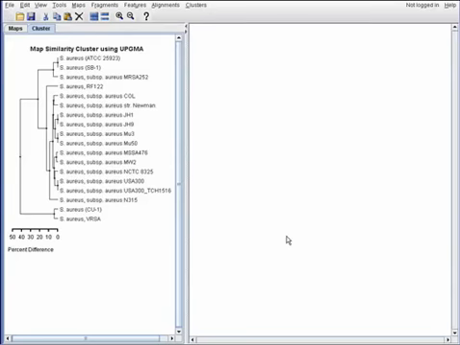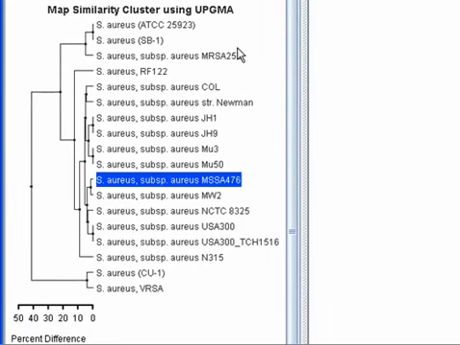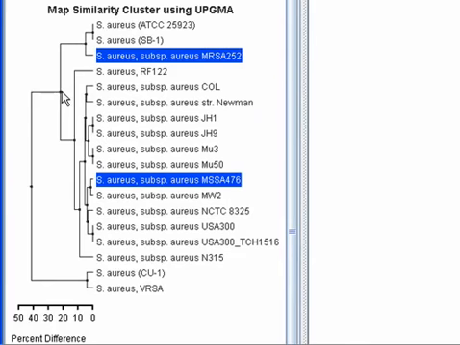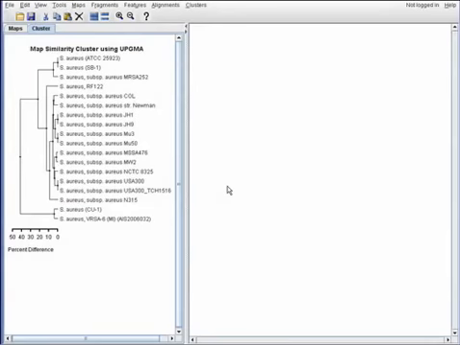The similarity cluster function of Map Solver can help you determine if your isolate is the same or different from others. This methicillin-sensitive Staph aureus is 22% different at the whole genome optical map level from this MRSA isolate. Comparing whole genomes of organisms is quick and easy with optical mapping.